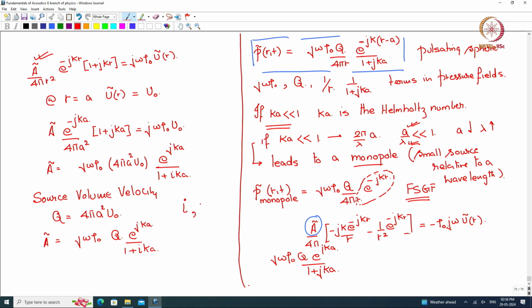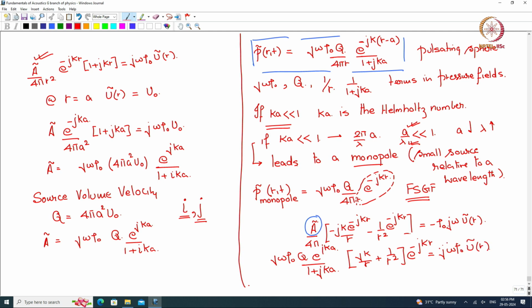I am not very particular. Both imply the imaginary number. Okay. So into j k by r plus 1 by r square e to the power of minus j k r. I will take out the sign, j omega rho 0 u tilde r.